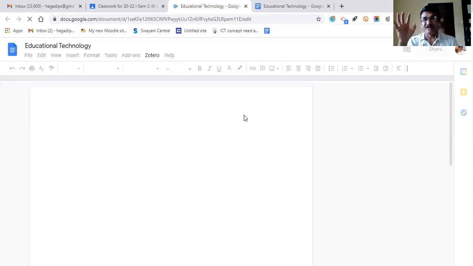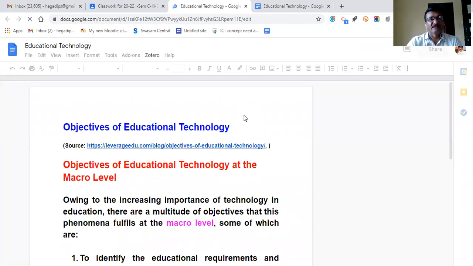These educational objectives are taken under two heads. One head is at the macro level, another head is the micro level.